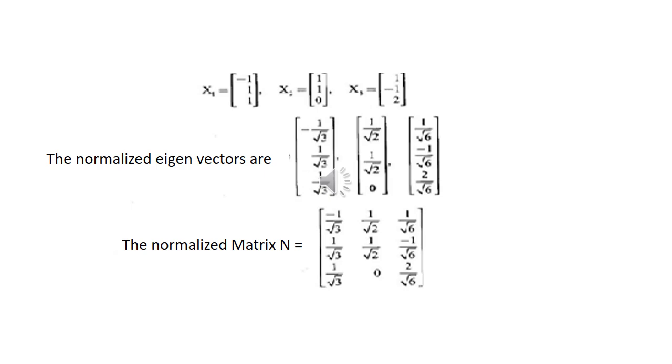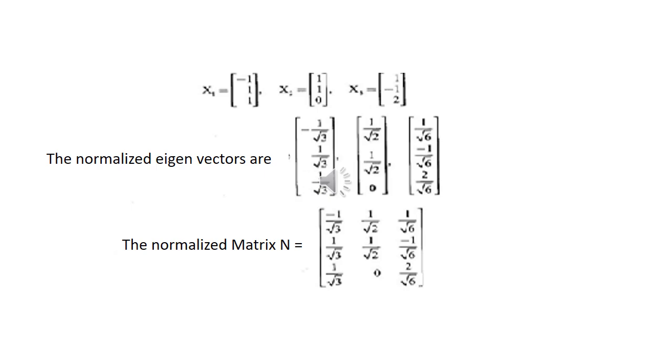We divide all these elements by root 2. Similarly for x3, we divide 1, minus 1, 2 by the square root of 1 square plus minus 1 square plus 2 square. In this way we can find the normalized eigenvectors.